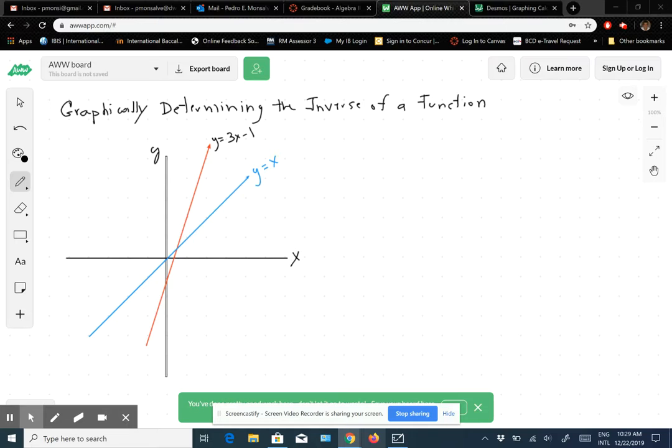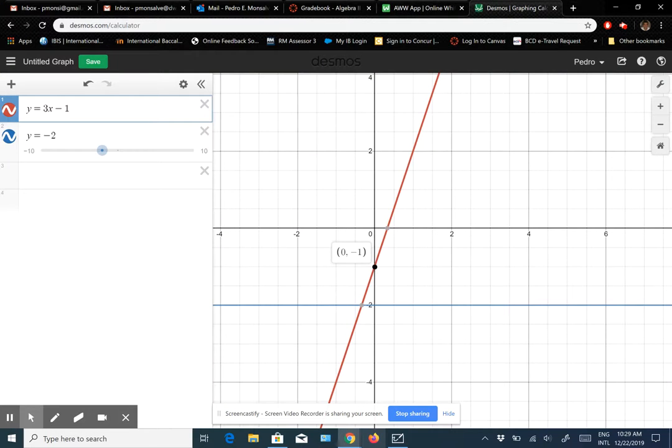Now, before we can proceed to the finding of the inverse function, we need to determine if our function does have an inverse. For that, I will ask you now to look at this screen in Desmos where we have the same identical function graphed, but notice in blue we have a vertical line, a horizontal line.